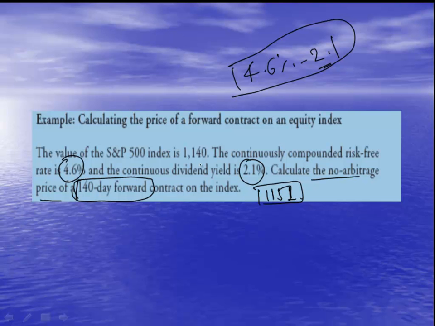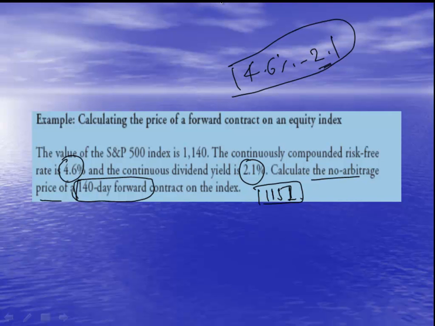So I took the difference, then press the percent key, and let's do this. 4.6 minus 2.1. Then press the percent key, so it becomes 0.00. Then into 140 divided by 365. Second, e raised to x, 1140.